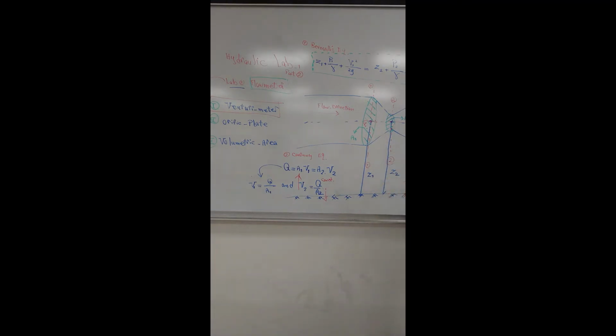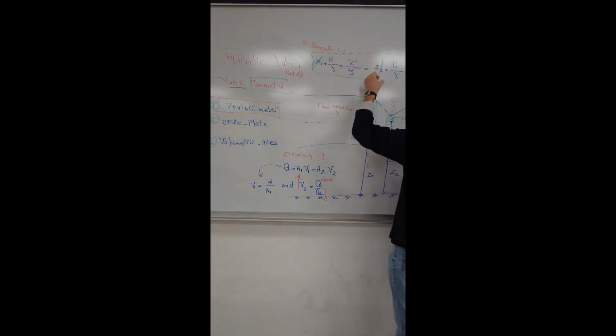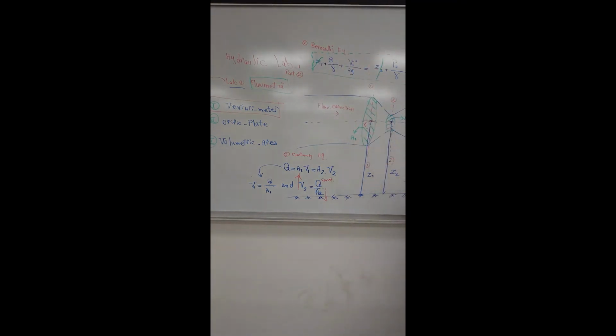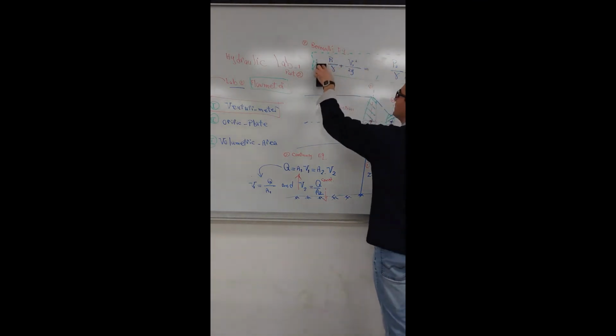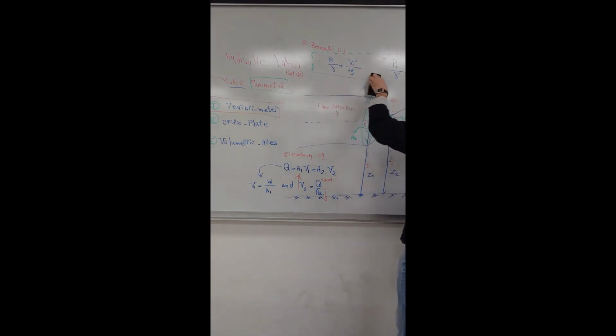First of all, because we are measuring both from the same base and at the same elevation, Z1 is equal to Z2. So these terms cancel out, and we don't have the elevation term anymore for the two sides.